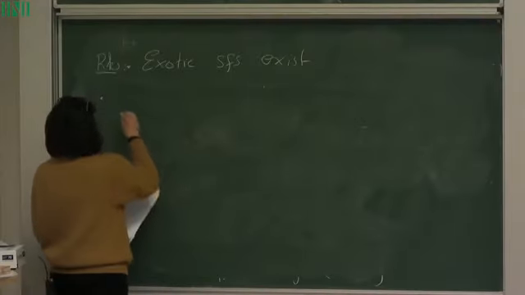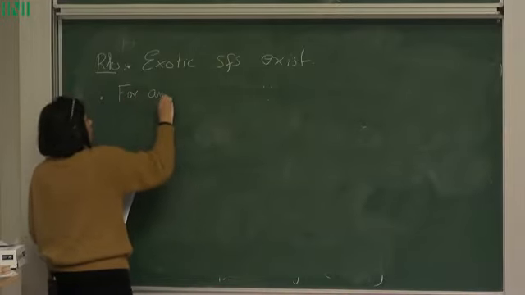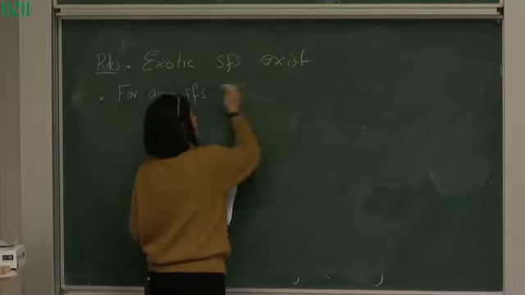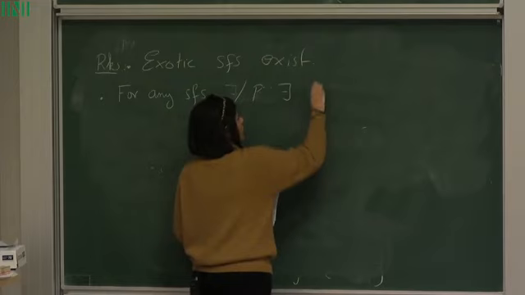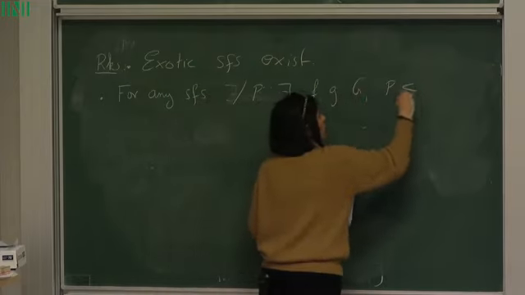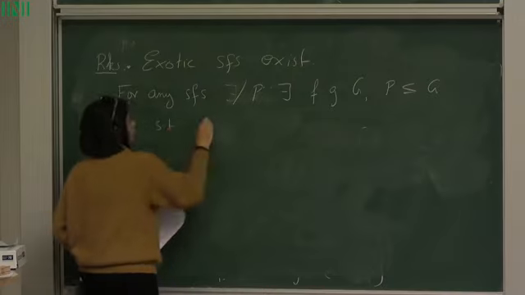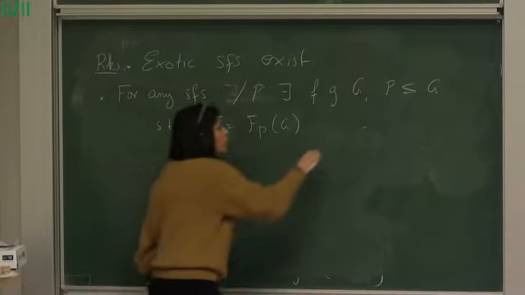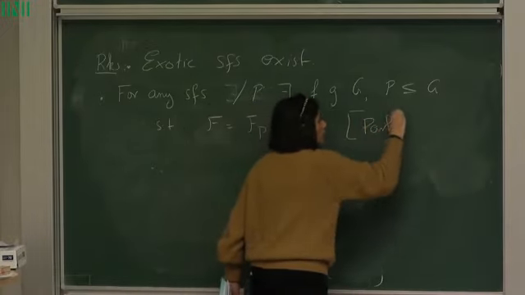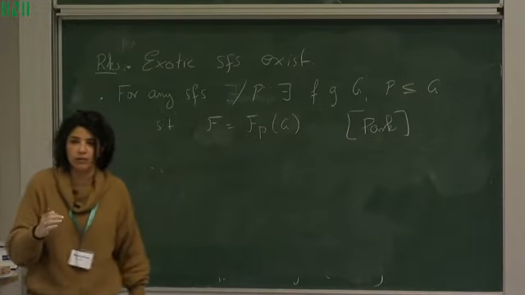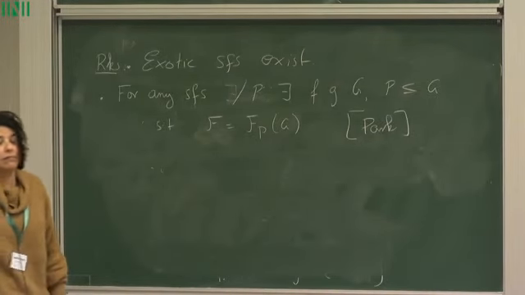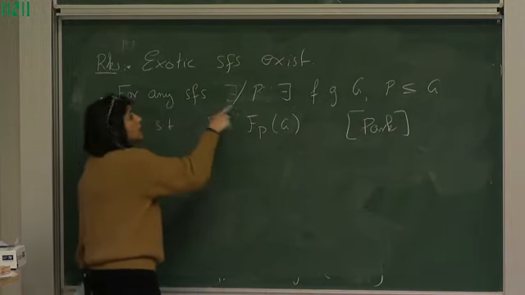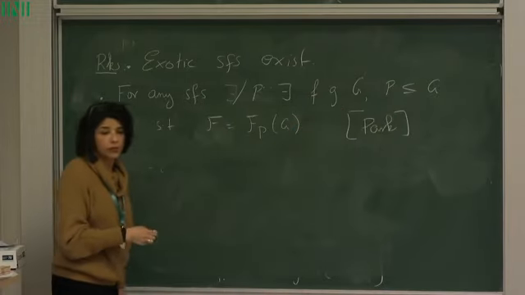For any saturated fusion system F over P, there exists a finite group G with P less than G, such that F is F_P(G). This is a result of Sejong Park. So in some sense, every saturated fusion system comes from our basic example. It's just that we may not be able to ensure that P is a Sylow subgroup of G.